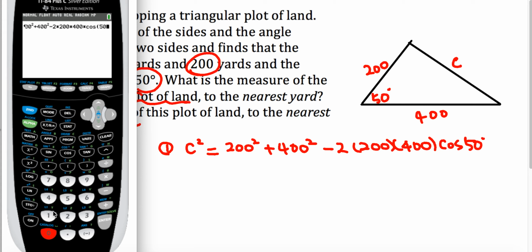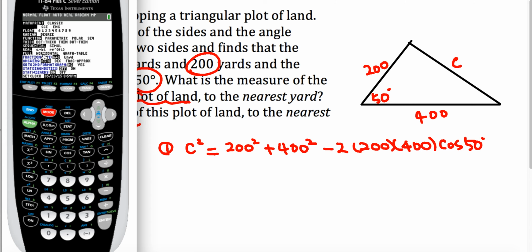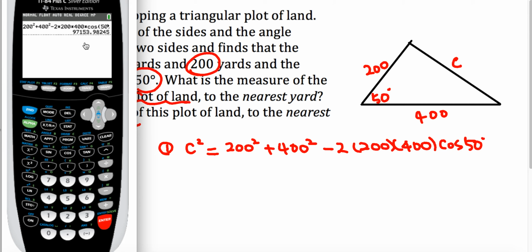Before I press enter, let me check which mode I'm on. I'm on radian mode, so I need to go back to degree mode because the value we are looking at is in degrees. And then I'm going to press enter. So that's the value that I'm getting.